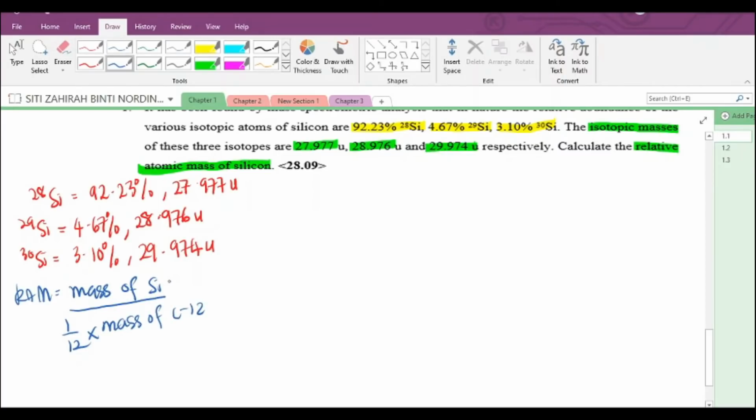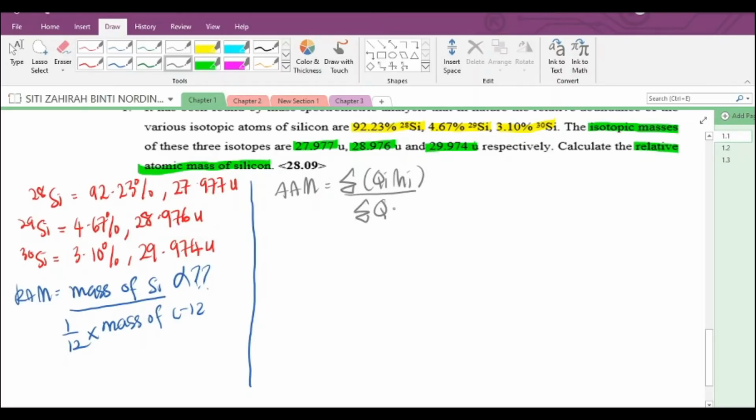We don't have the mass of silicon yet, so we need to find it by using the average atomic mass formula, which is the sum of Qm over the sum of Q, or abundance. Just remember, if you are given this kind of information, then you have to use this Qm over Q formula. That's easy.